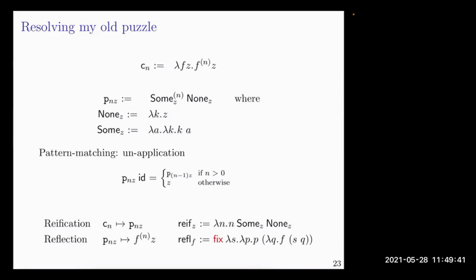We can replace, well, actually, I'll talk about it slightly later. Now we can do pattern matching on this. For example, if we apply P_n z to identity, we get the previous number if n was positive, or we get z otherwise. That's quite clear, right?